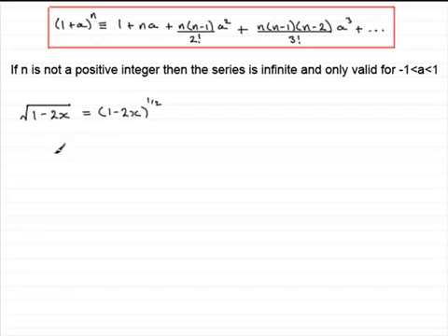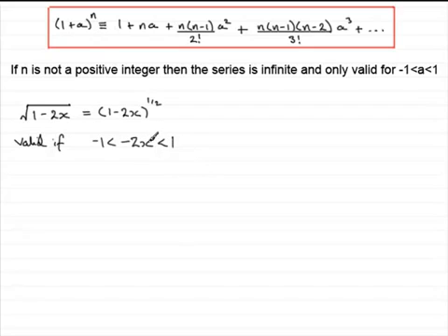To find that set of values, let's put down here: valid if. It's valid if the a value, which in this example is minus 2x, lies between -1 and 1. So we can say that it's valid if minus 2x lies between -1 and 1.